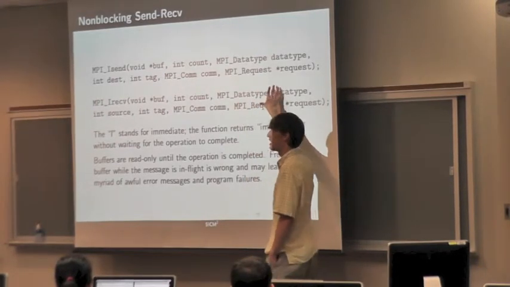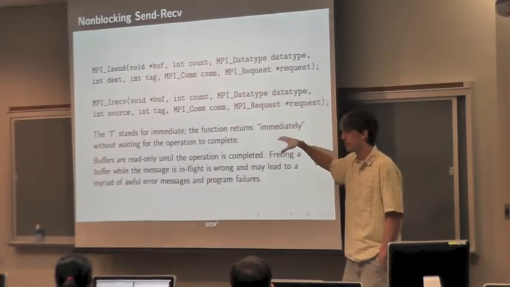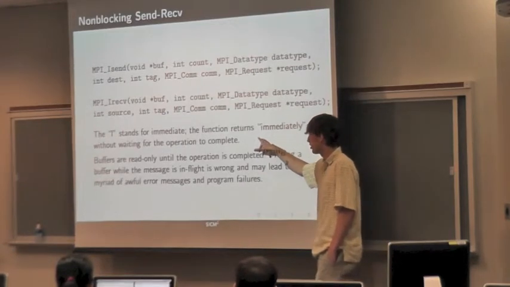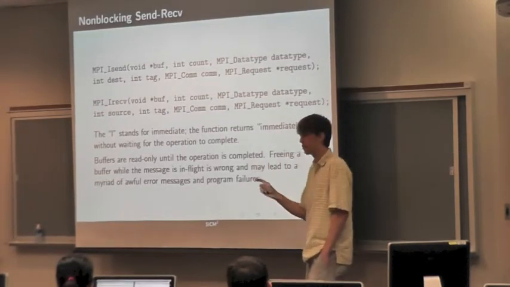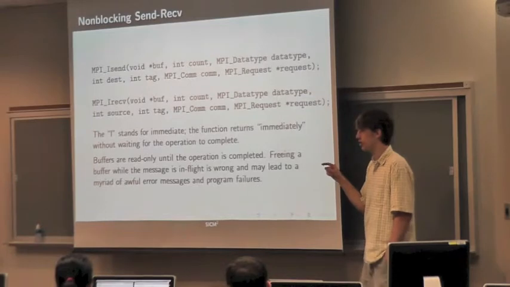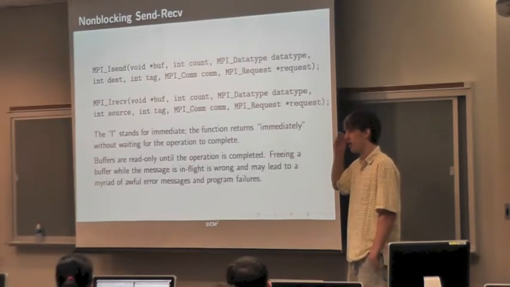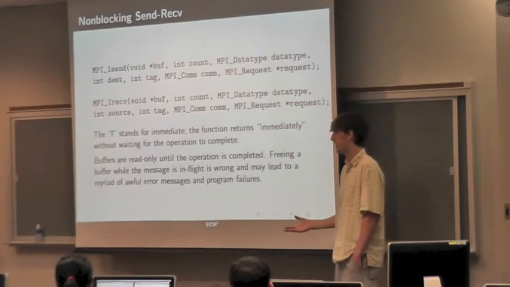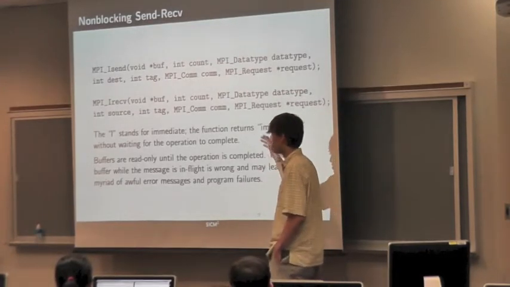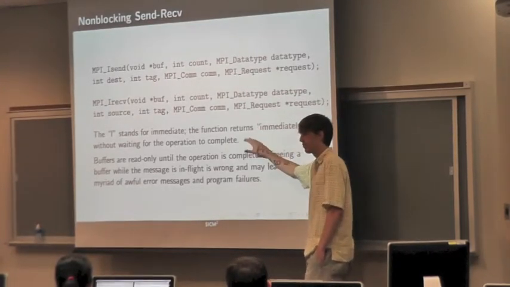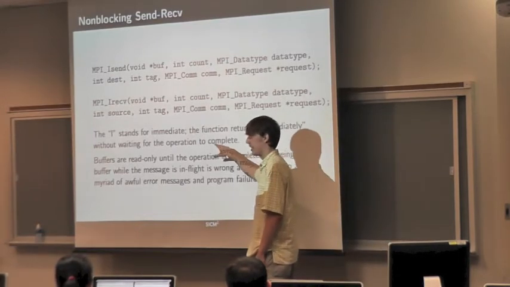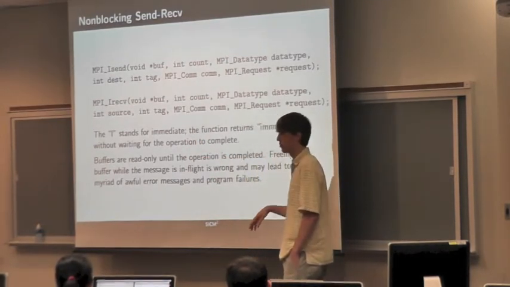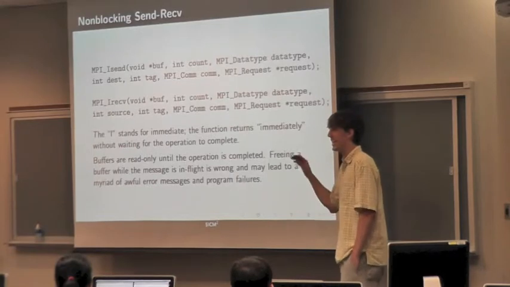These are enqueuing operations. So send and receive with an I in front return immediately. That doesn't mean they return instantly. They return immediately, meaning as soon as they are done initiating the operation, for some definition of initiating, and they don't wait on it to complete. A better way to think of the I for educational purposes would be to think of I meaning incomplete.